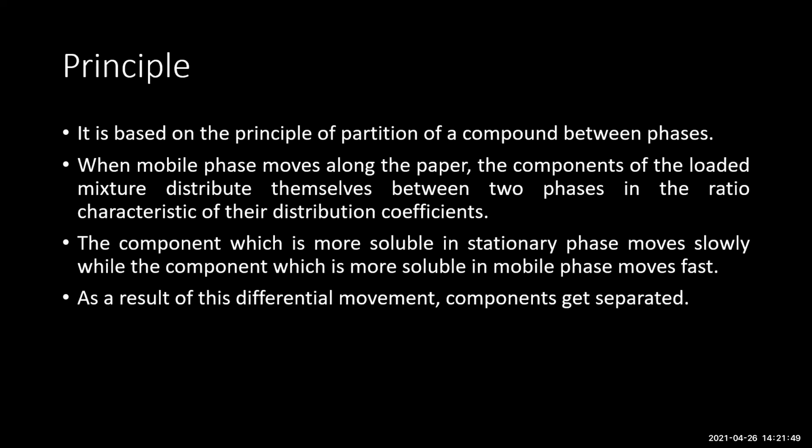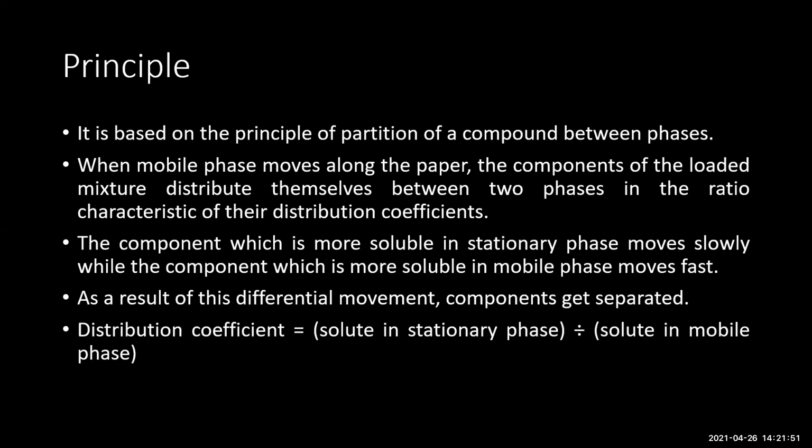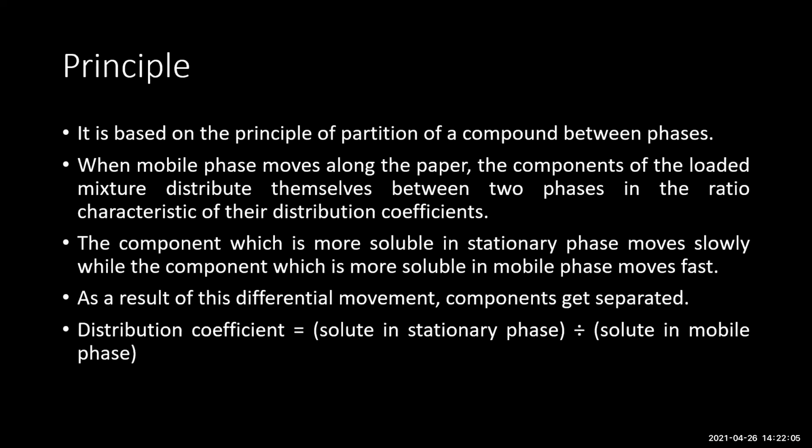So that brings us to what is this distribution coefficient? Okay. The solubility of a solute in the stationary phase divided by the solubility of the solute in the mobile phase gives us the distribution coefficient. Okay. So let us say for X molecule, the solubility unit in the stationary phase is 1, and for the same in the mobile phase, it is, let's say, 1.